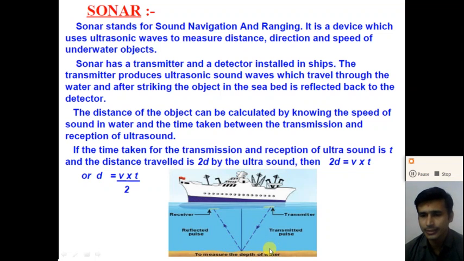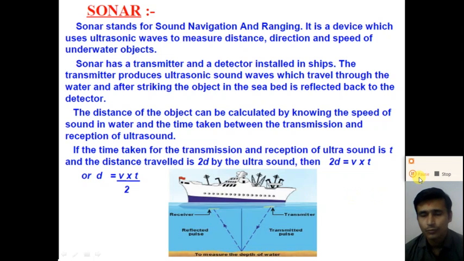So the distance traveled, 2d, is equal to speed v times time t. From that, the distance of the object is the speed of sound in water v times t, the time taken between transmission and reception, divided by 2.